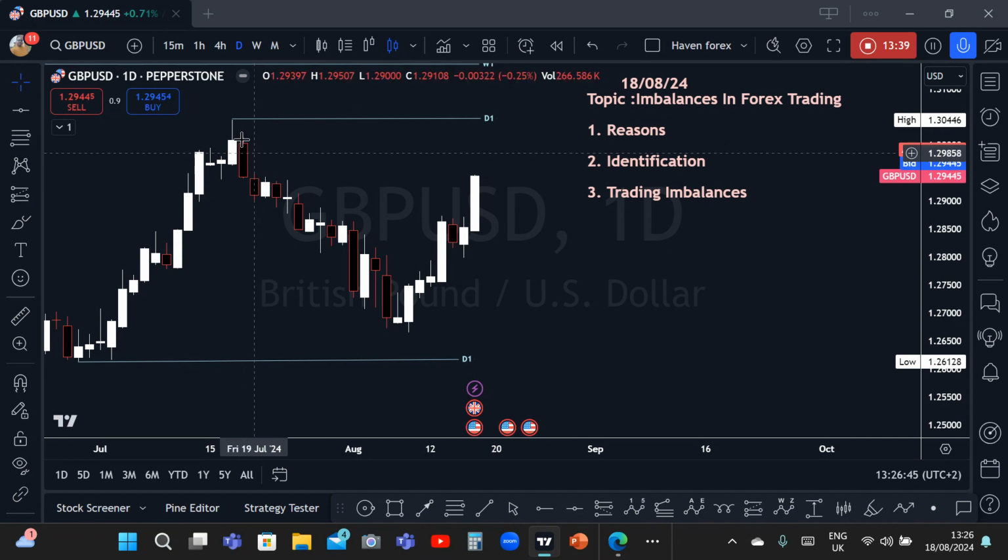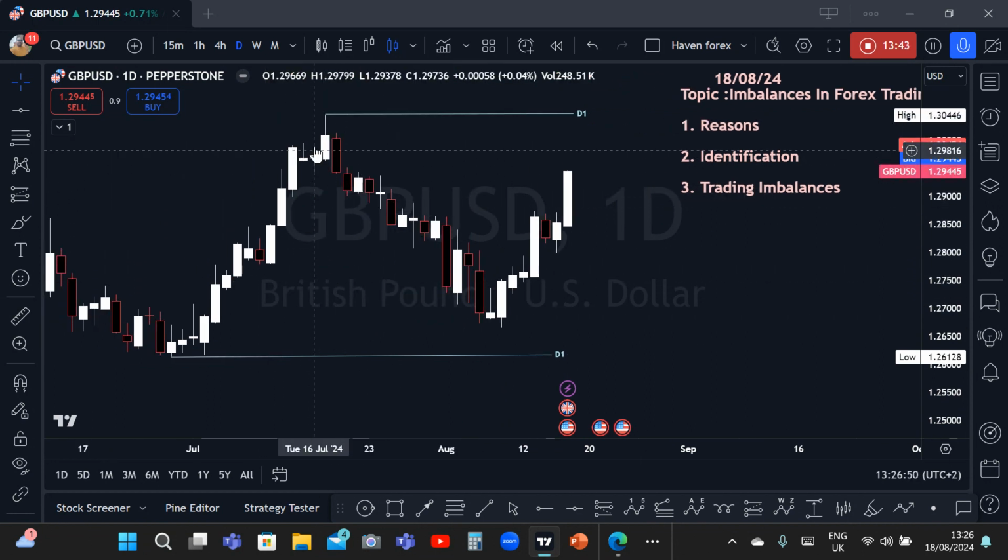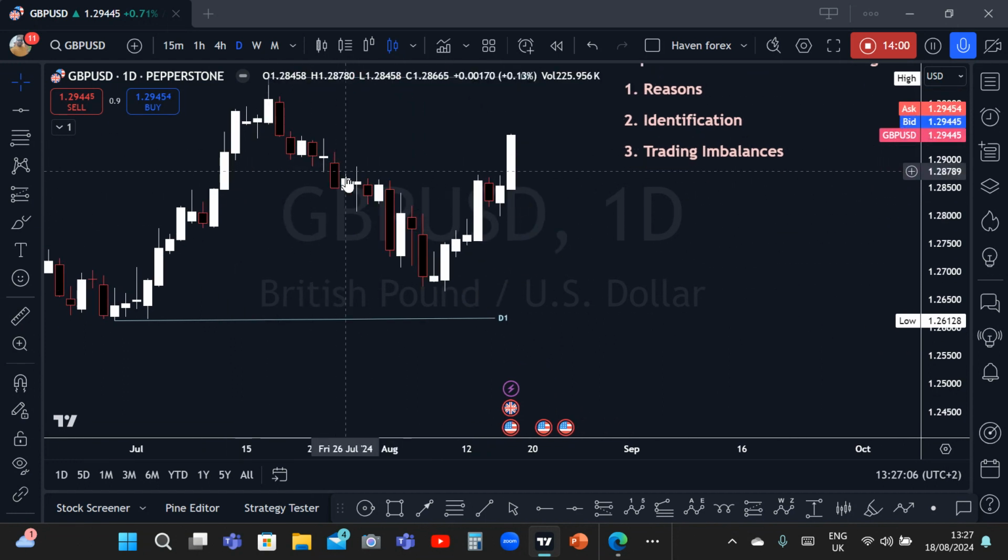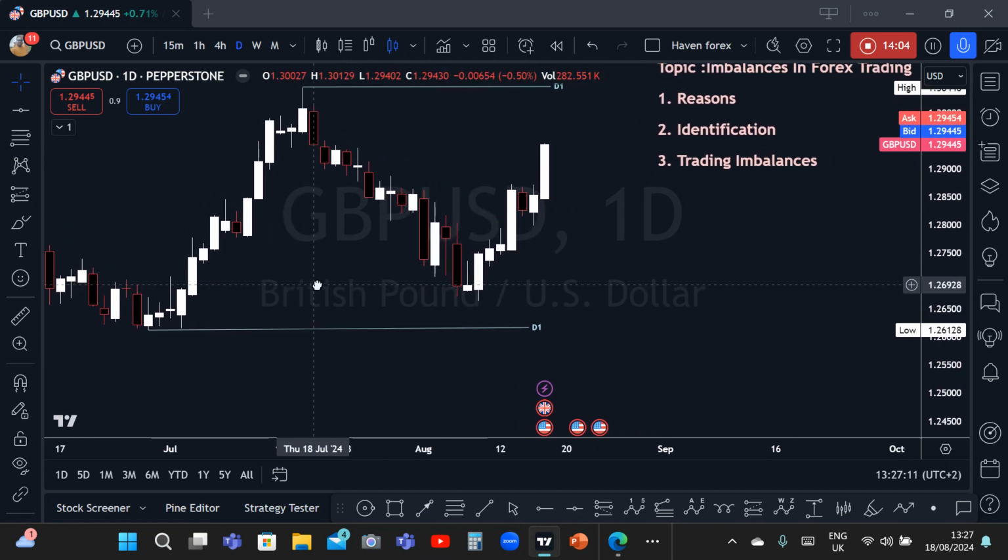You will see that you will just follow suit down, because this price will go up, the imbalances that are here will have to be filled because there's a gap here. So when it's time for it to have a pullback, you just place your entry and follow suit to the downside.